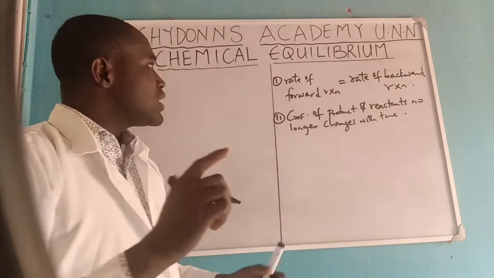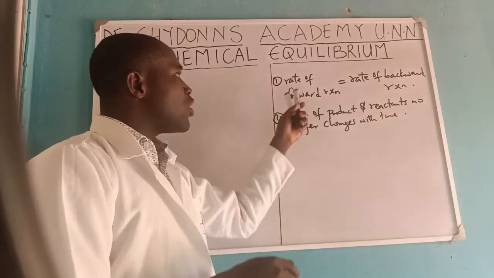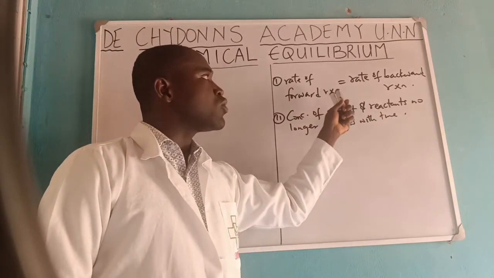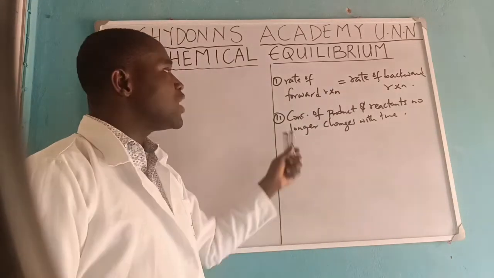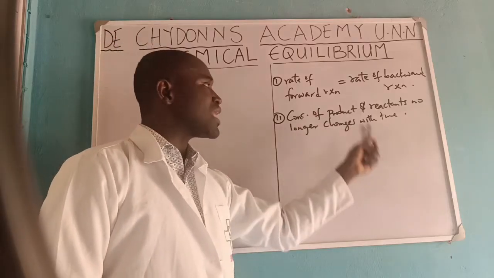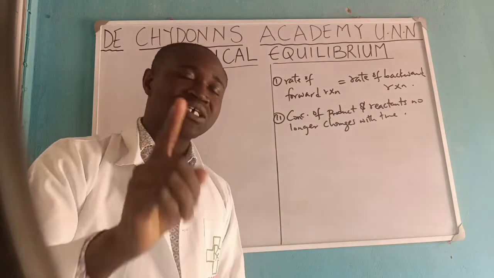So we can say that the rate of forward reaction is always equal to the rate of backward reaction when the concentration of products and reactants no longer changes with time.